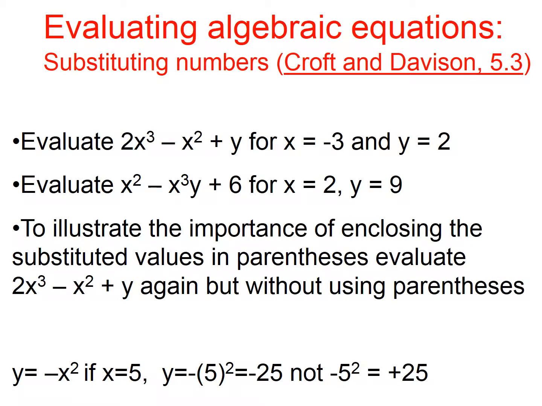When you're substituting a number into that, it matters whether you consider the minus part of the squared bit or not. That's where most people get this wrong. So if you look at the bottom line, if we wanted to evaluate y equals minus x squared, quite a simple equation.